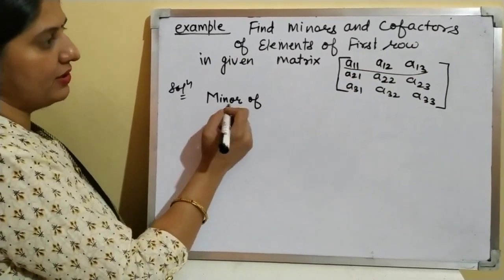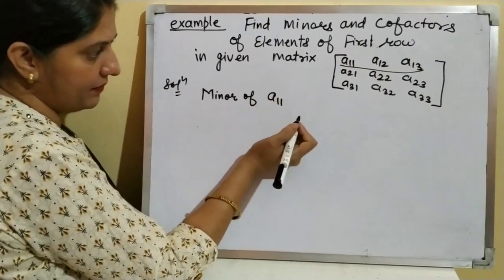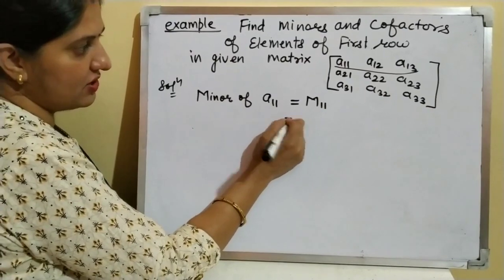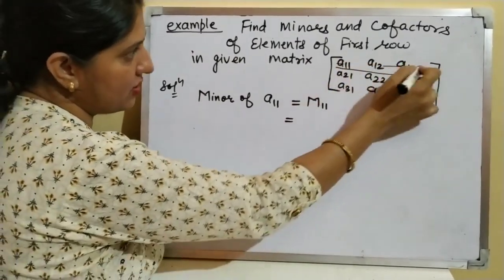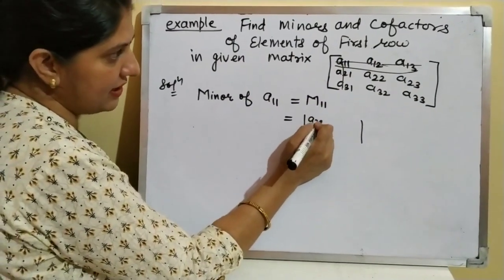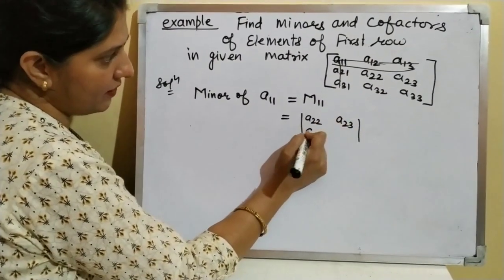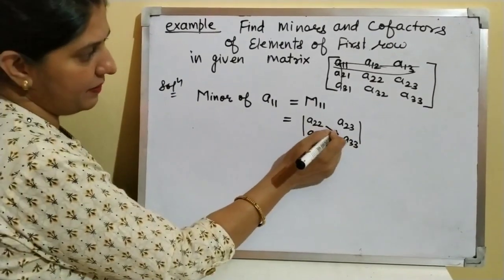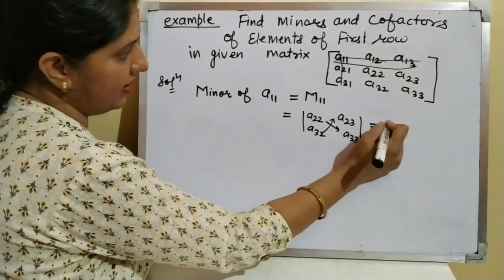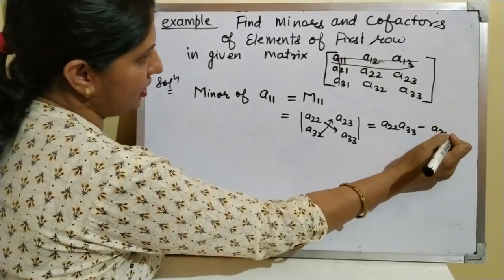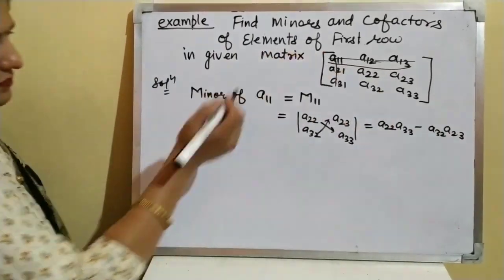So we have to calculate the minor of A11, which is denoted as M11, which is obtained by deleting first row, first column, writing all other entries as they are and taking the determinant. Just simplify it. We get the answer A22, A33 minus A32, A23.